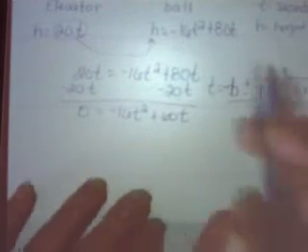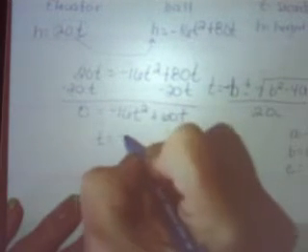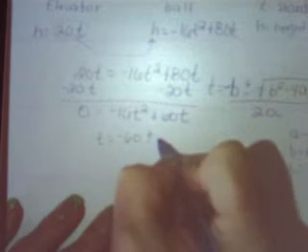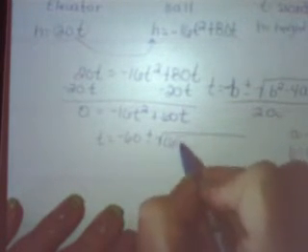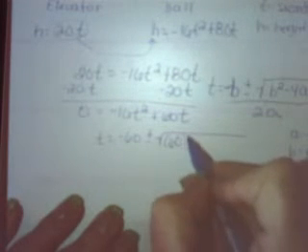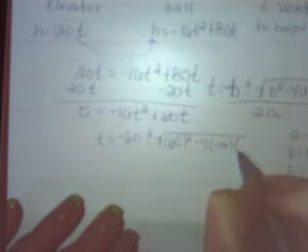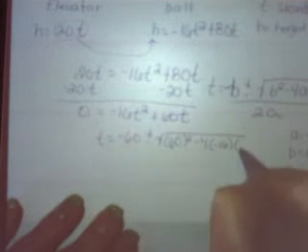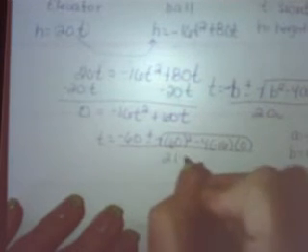Now we're just going to plug in. So t is going to equal -60 plus or minus the square root of 60 squared minus 4 times negative 16 times 0, all divided by 2 times negative 16.